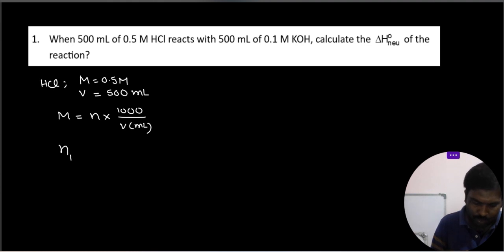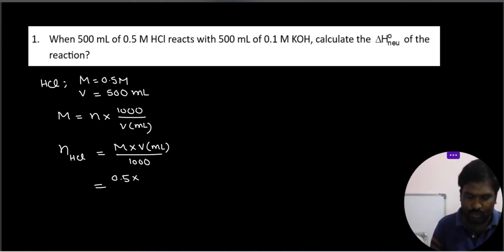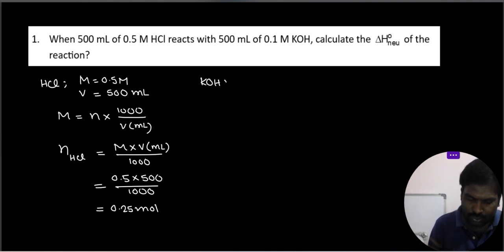Now from this, moles of HCl equals molarity into volume in milliliter by 1000. Molarity 0.5 and volume 500 by 1000. Then what is the value? 0.5 into 0.5, that is 0.25 mole. Clear everyone? Similarly for KOH, how much molarity is given? 0.1 molar.